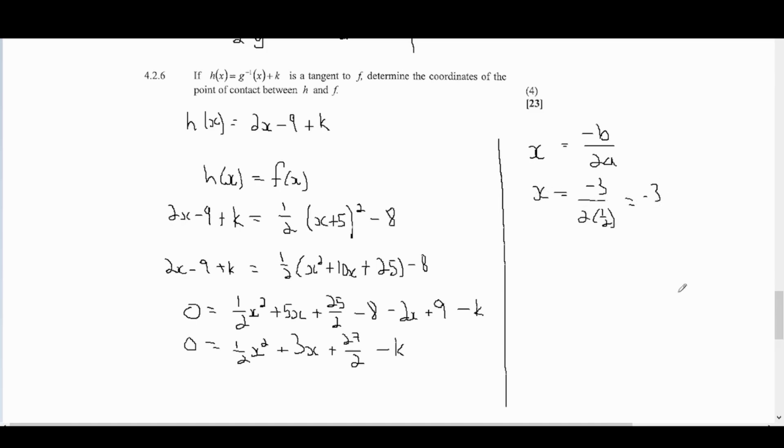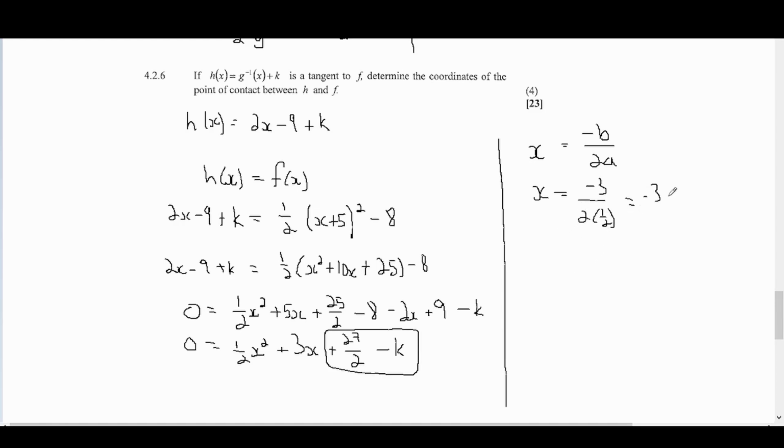Therefore, our x value is minus 3. So if you're thinking, what do we do with the k value? The k is pretty much constant at this point, which affects our c value, because it is a quadratic, ax squared plus bx plus c. So this whole part forms our c. So it doesn't really have an effect. We're only using the b and the a, so that doesn't really affect our determining of x at this point.